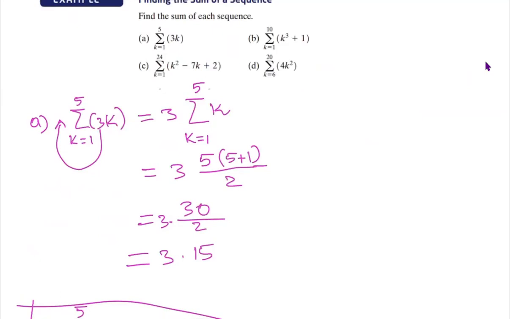Next, they say to calculate the sum for k equals 1 to 10 of k cubed plus 1. So we can break it down and give each part its sum: the sum of k cubed plus the sum for k equals 1 to 10 of 1, 1 being a constant.